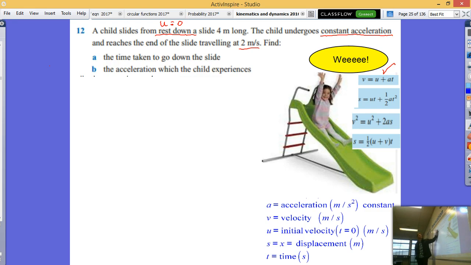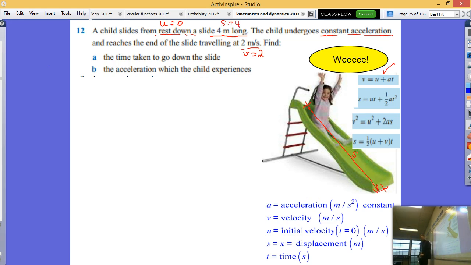And reaches the end of the slide traveling 2 meters per second. At the end, we've got v equals 2. And we've got a change in position from the start to the end. That change in position there is the s, the displacement.